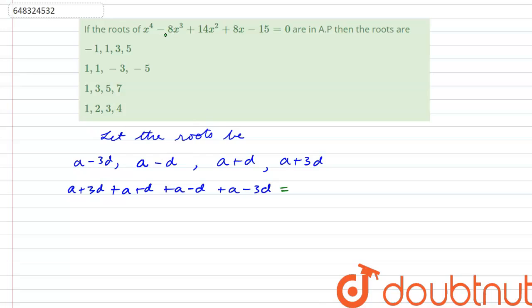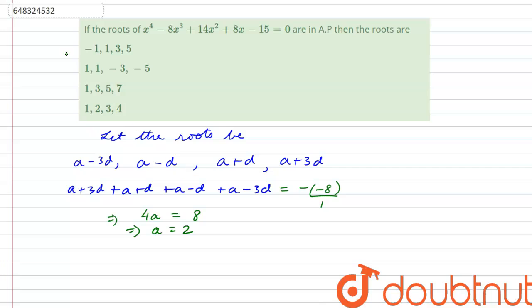So here it is equal to minus of minus 8 divided by 1. So this would imply that A plus A plus A plus A, we have 4A, and you will see that all the D's cancel out. That is why we took 2D as the common difference. So this is equal to 8, which implies that A is equal to 2.